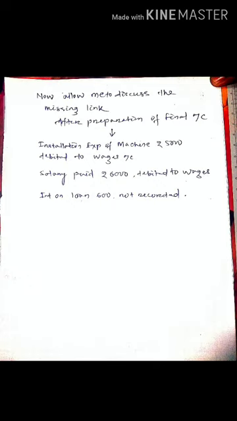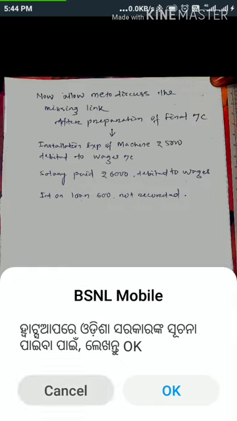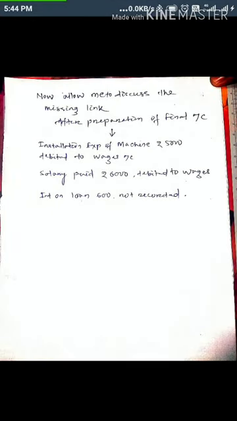Why is it called the missing link? Because if you get an idea how the errors are rectified after the preparation of the trial balance, generally the errors which are rectified after preparation of the trial balance are made through the profit and loss adjustment account, right?